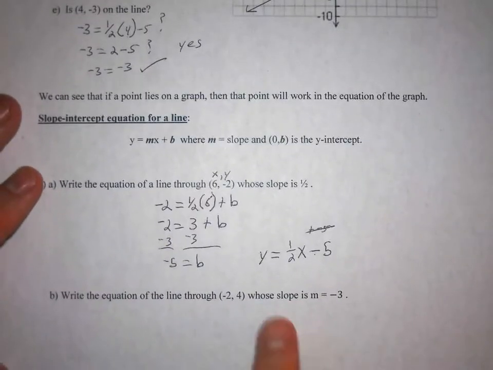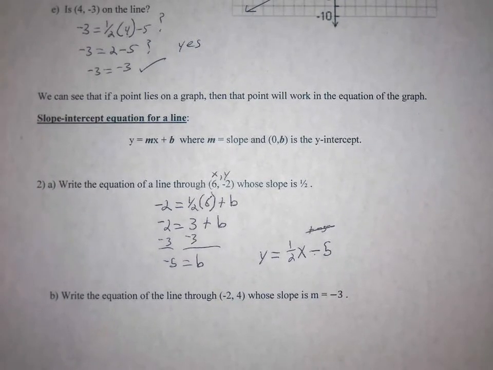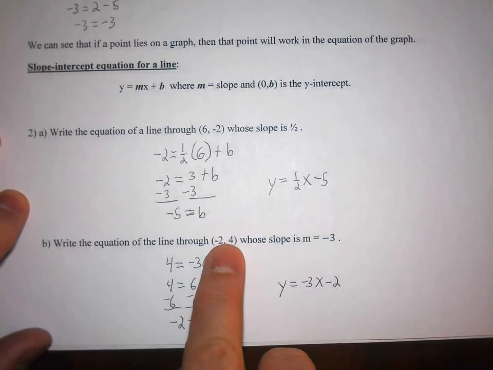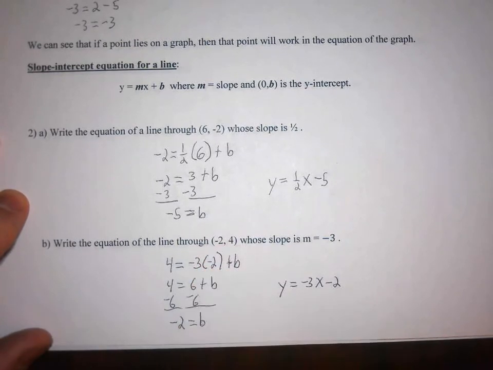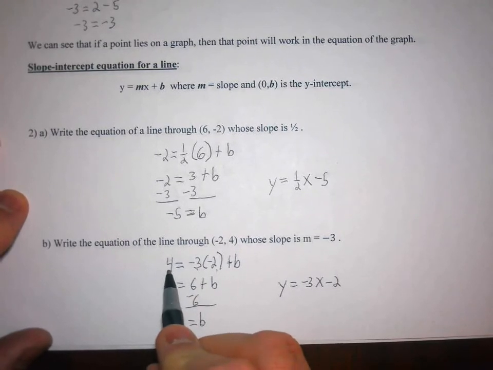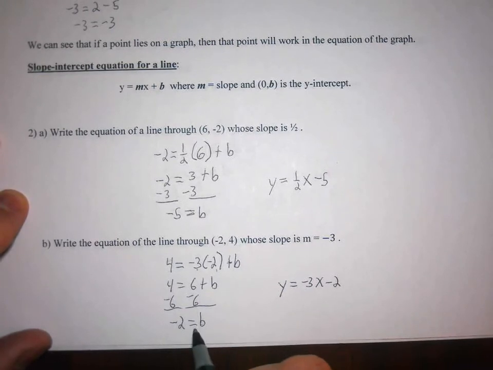Okay, the second example: the slope is -3, passing through the point -2, 4. Same idea. I would suggest you pause the video, and then I'll put the answer up here. Okay, so on this one, we're given the x value of -2, which goes right here. The slope was -3, and the y value was 4. We don't know b, so we have to solve for it, and we get -2.